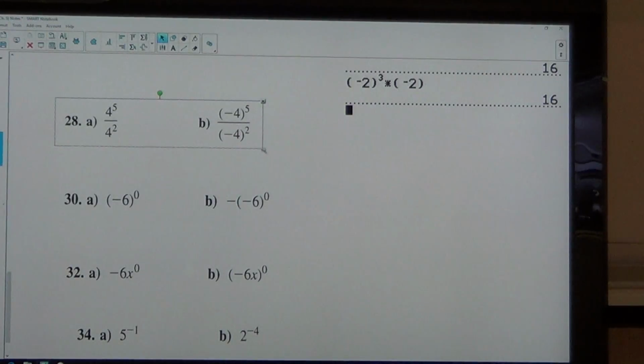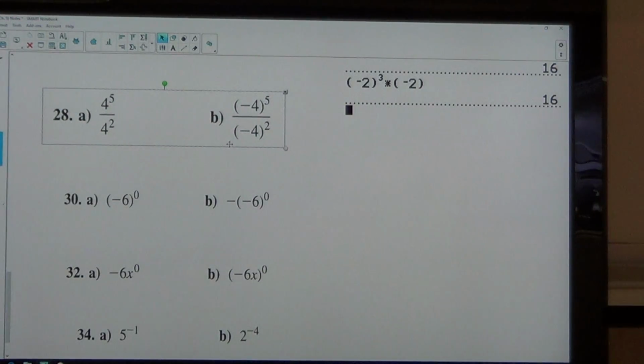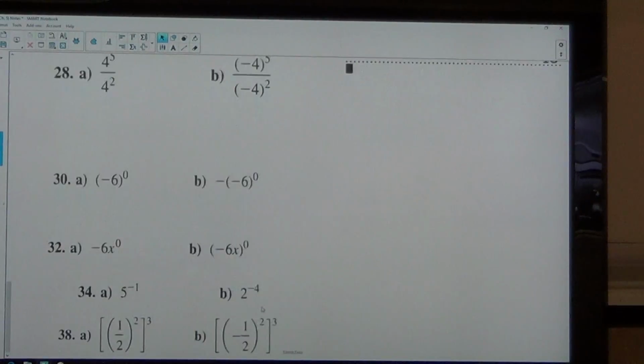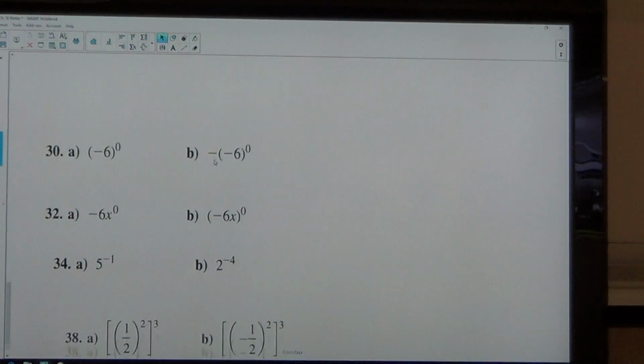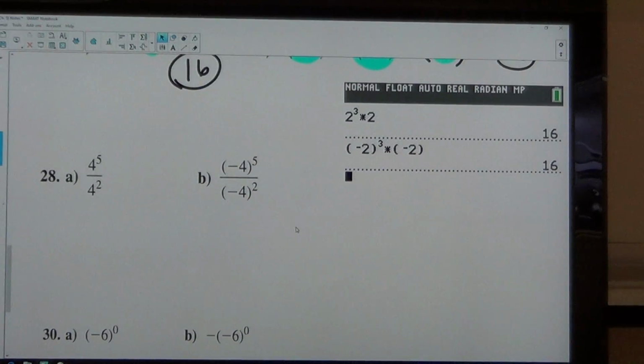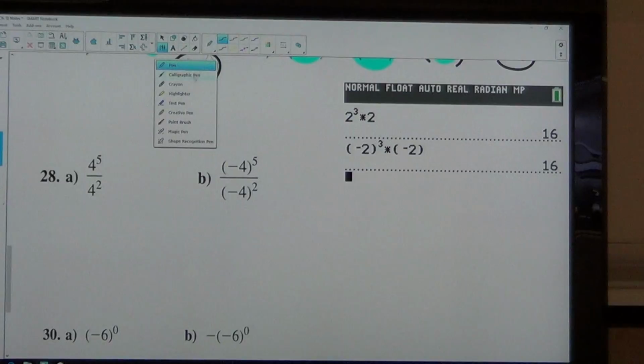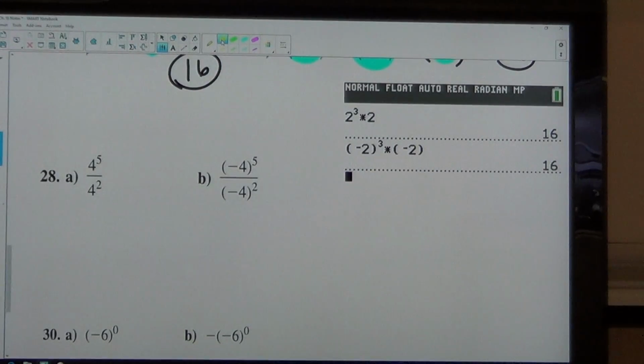Now, for this one, we're going to do it in our calculator, but let's do it also using our rules. For this first one, do you see that our bases are the same? What is my base going to be? 4.